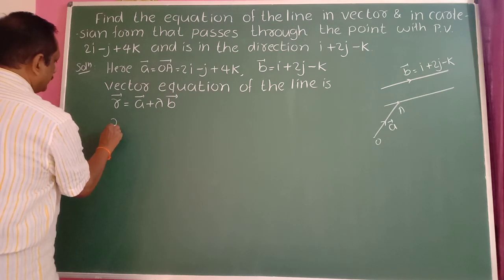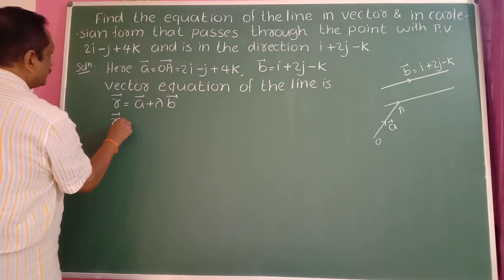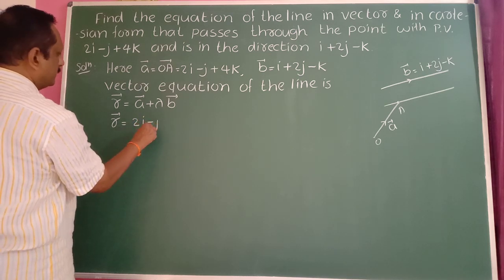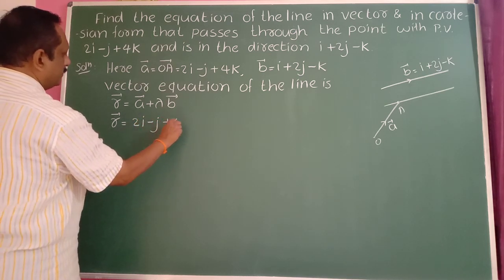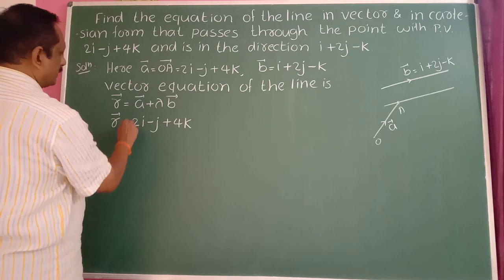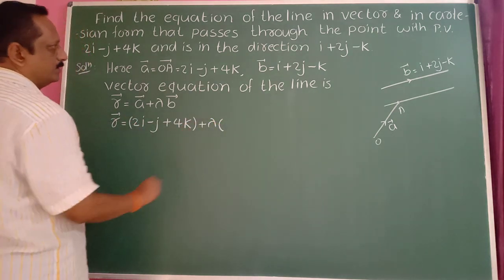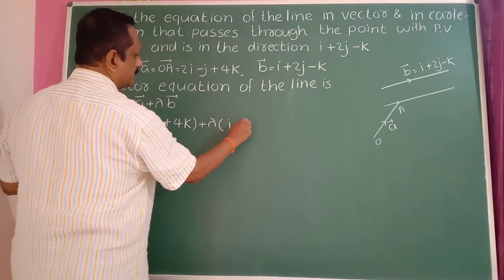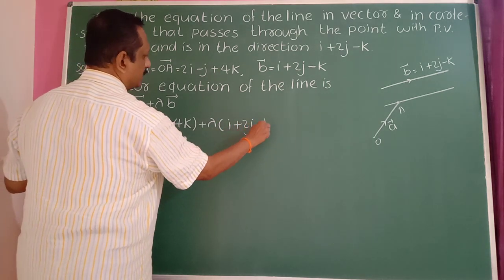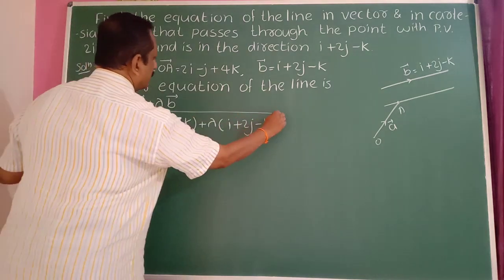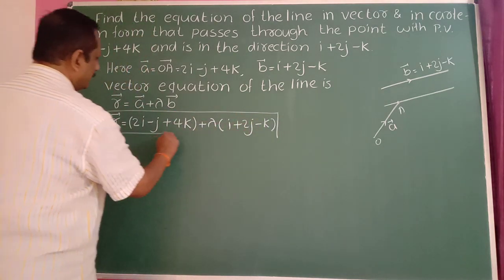Hence r bar is equal to a bar, 2i minus j plus 4k, plus lambda into i plus 2j minus k. So this is the vector equation of the line.